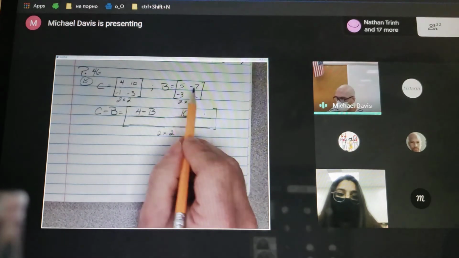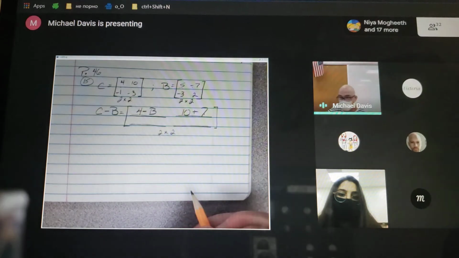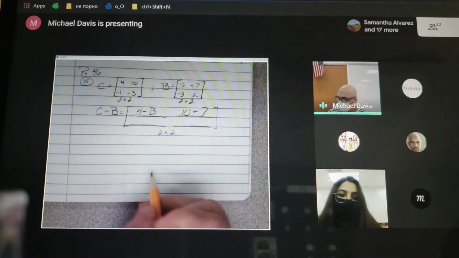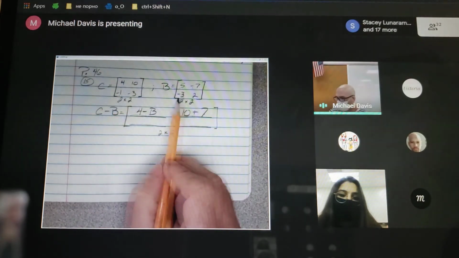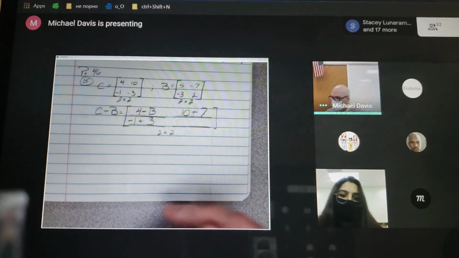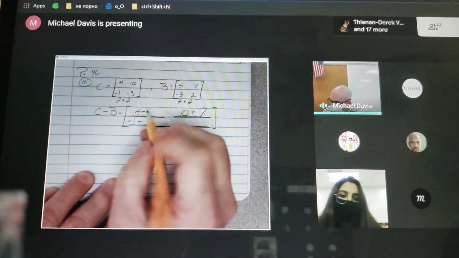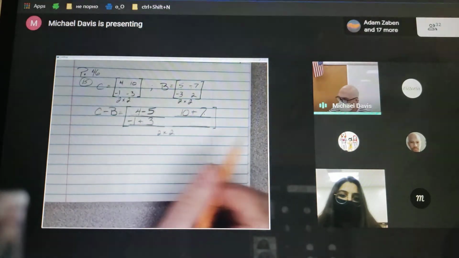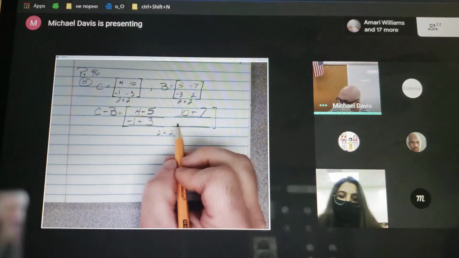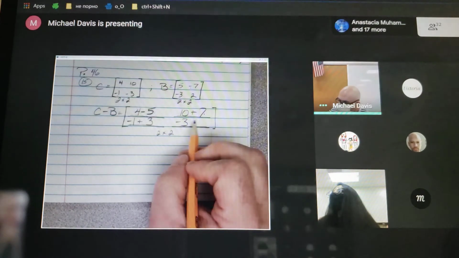If you're subtracting a negative 7, we know that that is addition. That's about the only odd thing here. Row 2, column 1: negative 1 plus 3. Finally, row 2, column 2, matrix C's entry is negative 3. Row 2, column 2's entry in matrix B is 2.